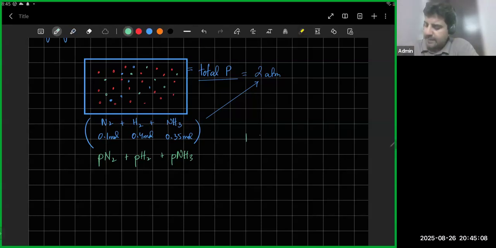There was a formula for calculating partial pressure: the mole fraction or percentage times the total pressure. So find the percentage. What is 0.1 divided by the total? The total moles are 0.1 plus 0.4 plus 0.35, which is 0.85.